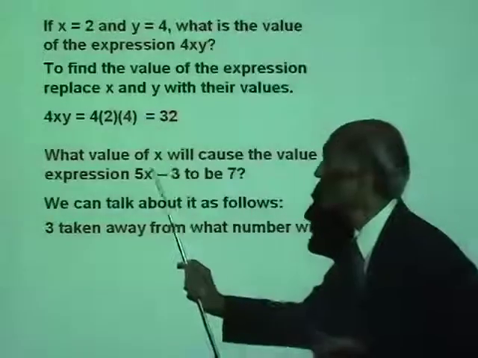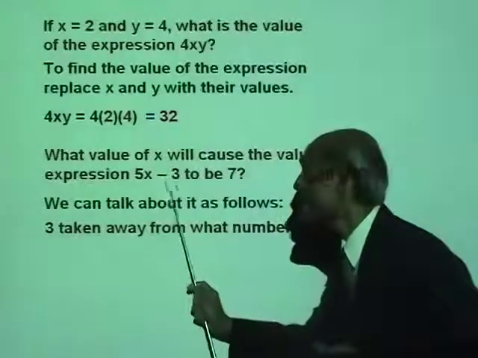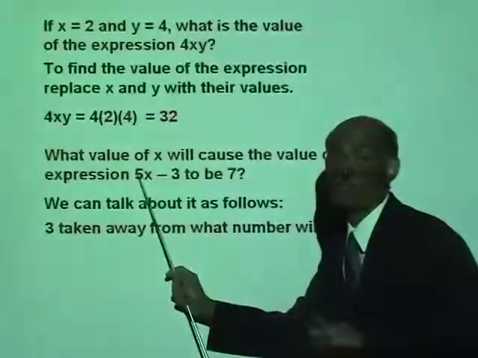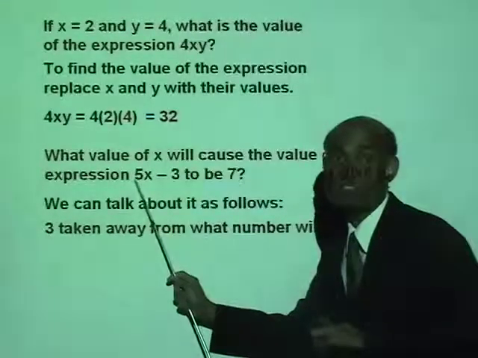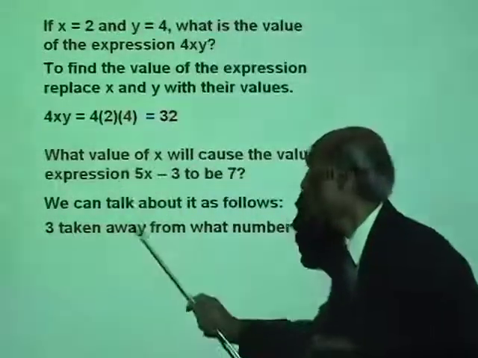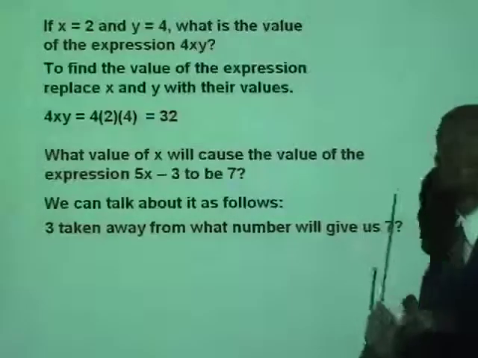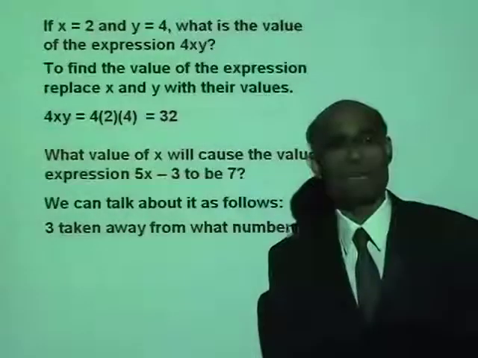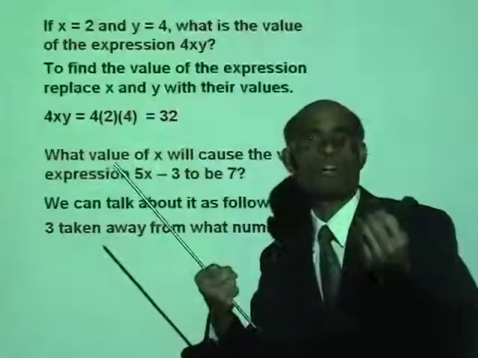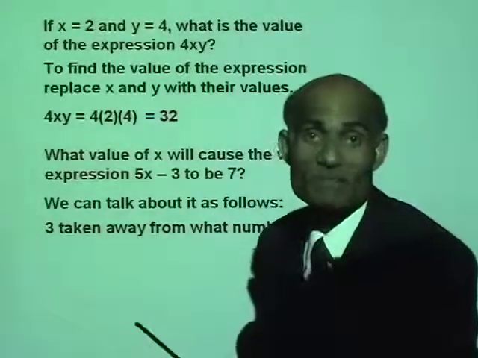You see, in here we are told to take away 3 from 5x. So we start asking ourselves, 3 taken away from what number will give you 7? Can you answer that for me? 3 taken away from what number will give you 7?